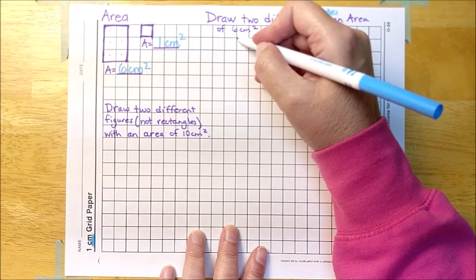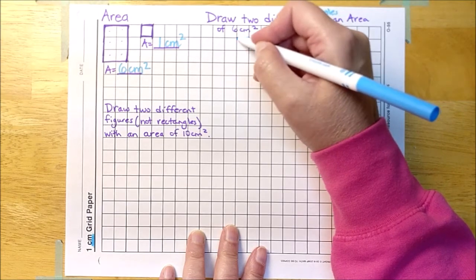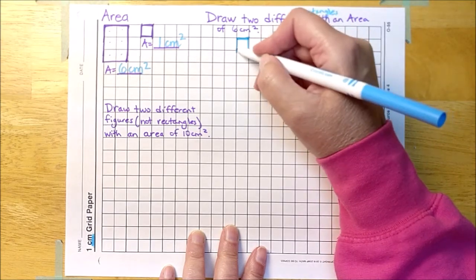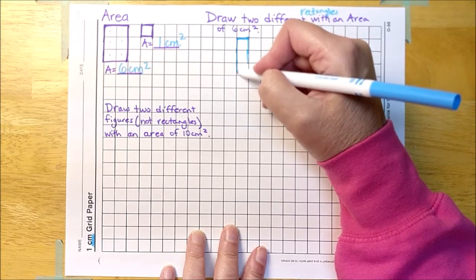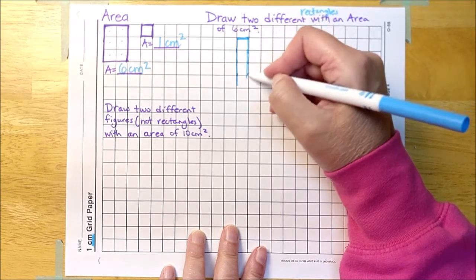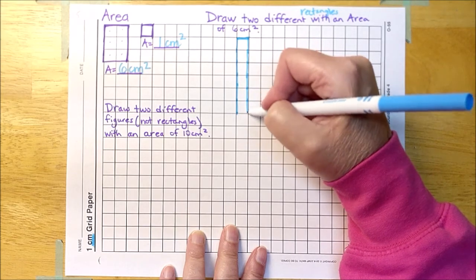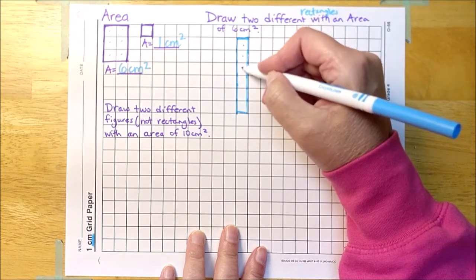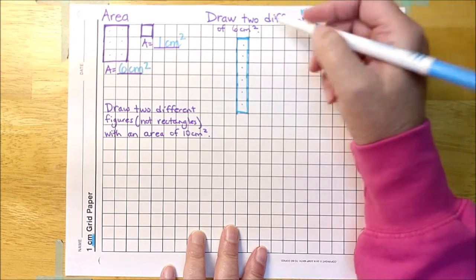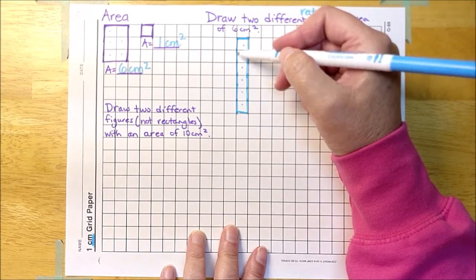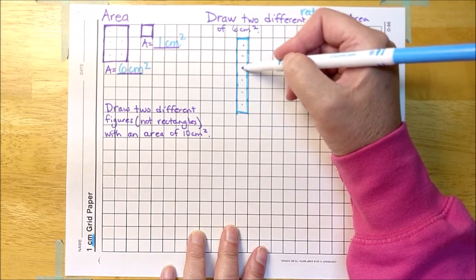Okay, so if I go this way and I start going down, that will be 1 square, 2 squares, 3, 4, 5, 6. 1, 2, 3, 4, 5, 6. So that is a rectangle that has an area of 6.